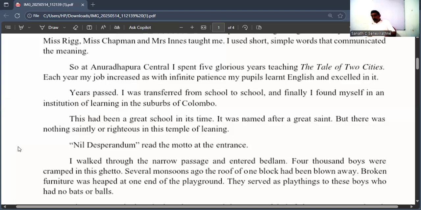She mentions the name of school in Anuradhapura, but she refrains from mentioning the name of the school in Colombo district.